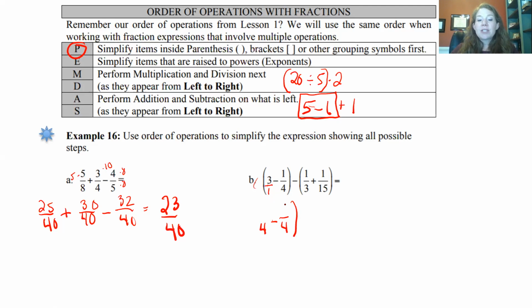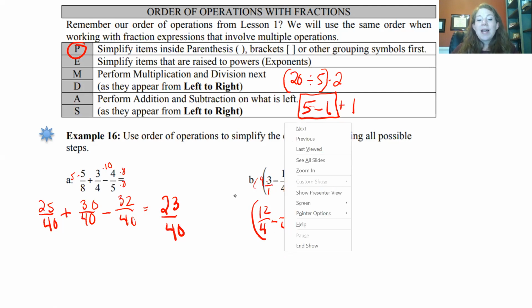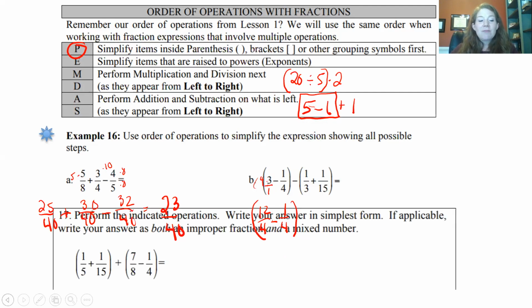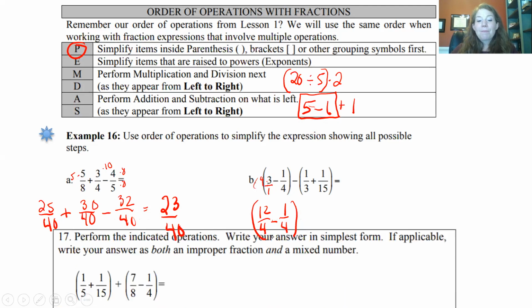Since 1 will go into 4, we're going to use 4. So the second fraction doesn't change. Well, 1 times 4 is 4, so we're going to multiply 3 times 4, and we get 12/4. Isn't that equal to 3? 12 divided by 4 is 3. All right, so 12 minus 1 is 11.